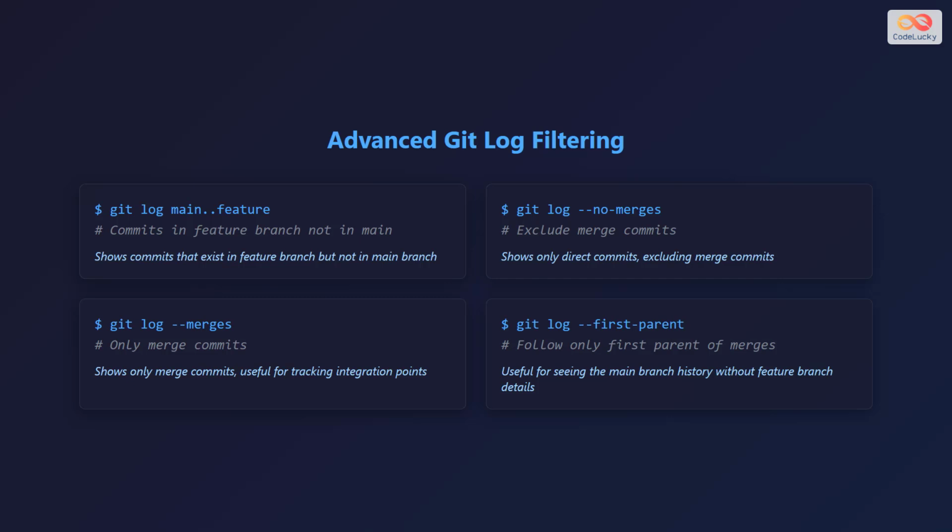This will show only direct commits, excluding any merge commits. To show only merge commits, you can use the --merges option. This is useful for tracking integration points in the repository's history. When dealing with merge commits, you can use the --first-parent option to follow only the first parent of each merge. This is useful for seeing the main branch history without including the details of feature branches.